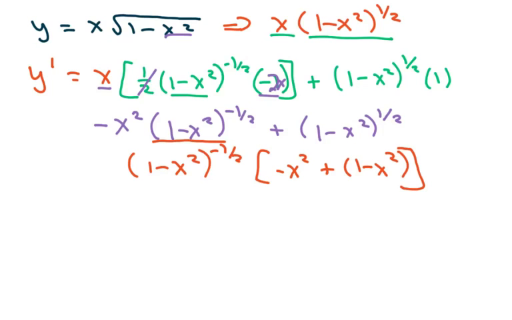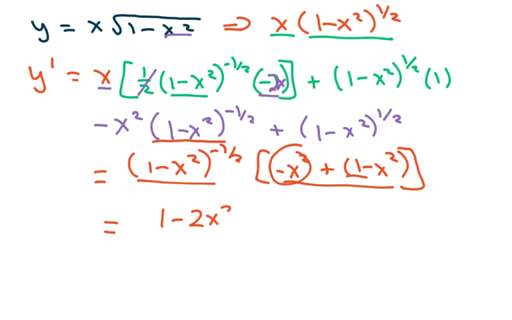And simplifying all this, I'm going to bring him in the denominator, and I'm going to clean this guy up. These two are going to be negative, so this is going to be 1 minus 2x squared over this guy, which is the square root of 1 minus x squared.